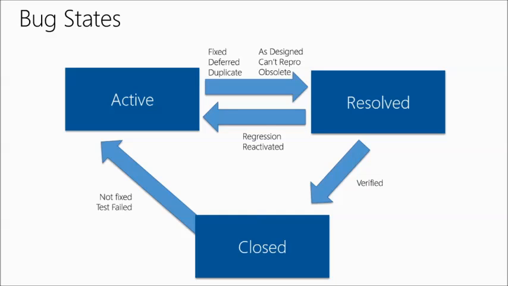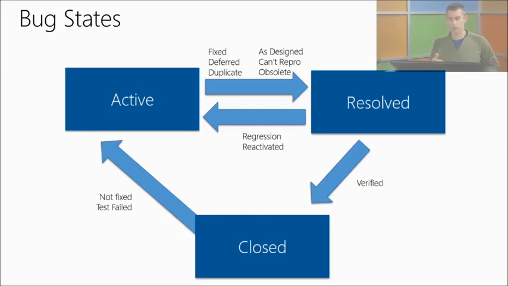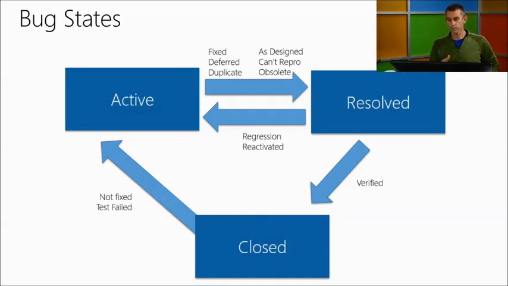It could be a duplicate, meaning somebody's already opened a very similar bug, and the fix of that bug will also fix this bug, and they'll link those two bugs together in VSTF. So you'll be able to see what the duplicate is, and you can verify that as well.